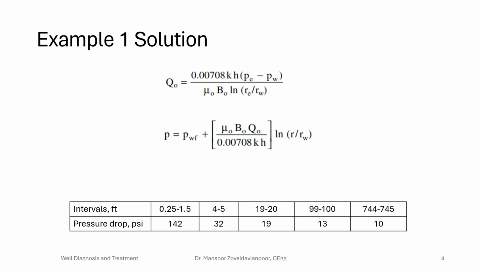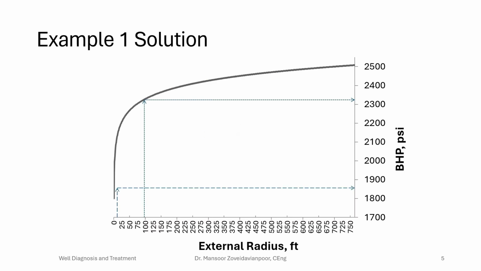As shown in this figure, increasing the wellbore radius from 6-inch to 100 feet increases the reservoir pressure from 1,861 to 2,329. This figure indicates that the higher pressure is maintained by increasing the wellbore radius.